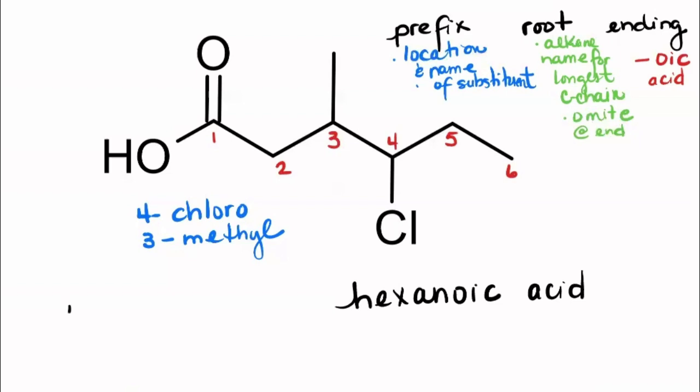So we're going to write this as 4-chloro, 3-methyl, hexanoic acid. Remember that the only time we use hyphens is between numbers and words. So the methyl and hexanoic are together, with no space between them. So the name of this compound is 4-chloro, 3-methyl hexanoic acid.